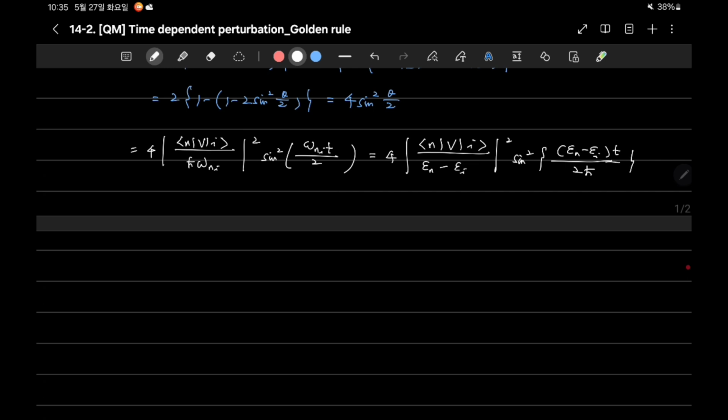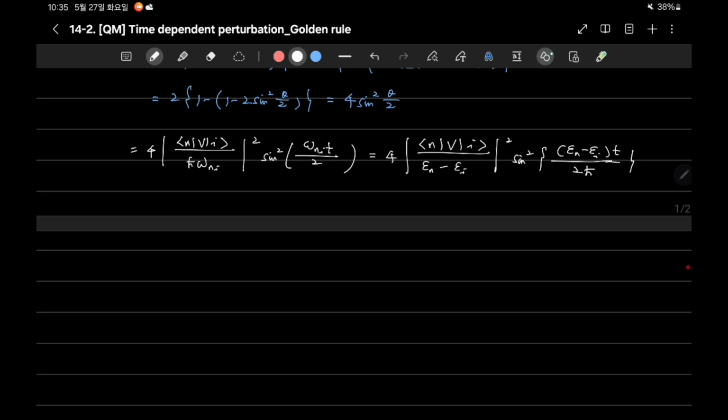Epsilon i is the initial energy state, and epsilon n is the final state. But we should consider all kinds of final states.